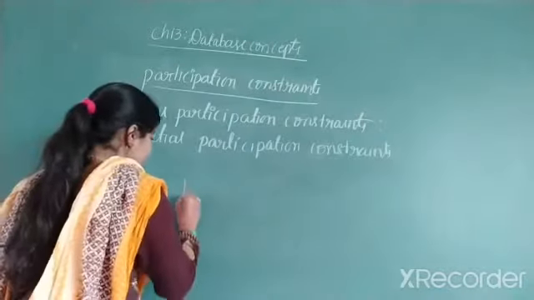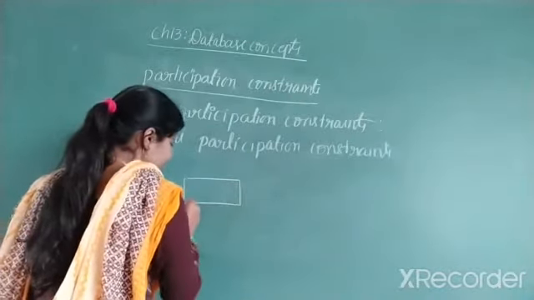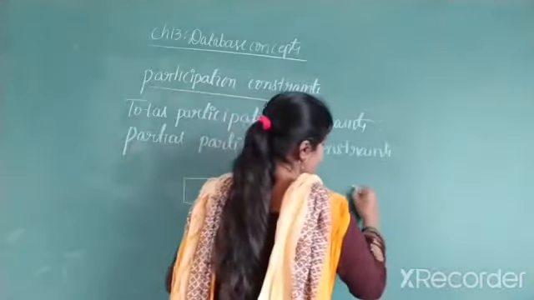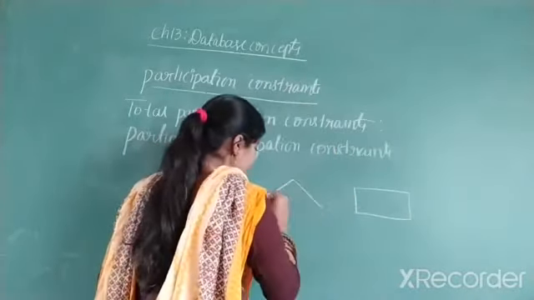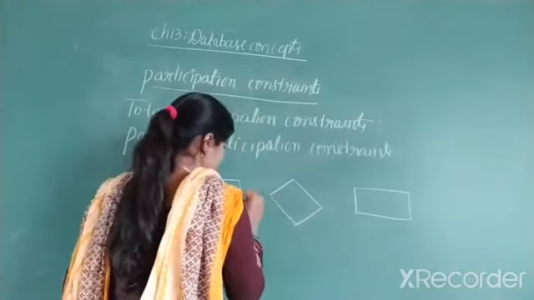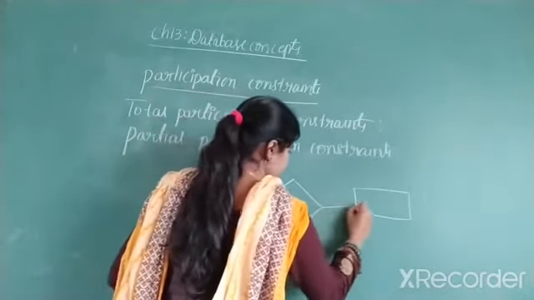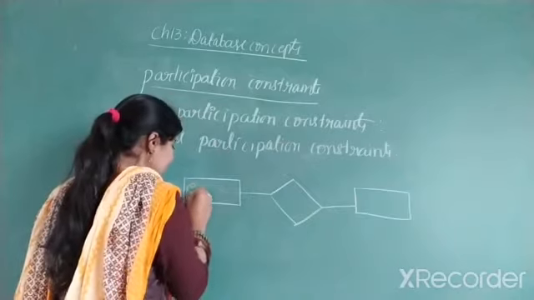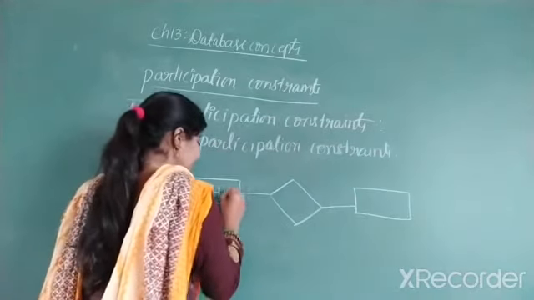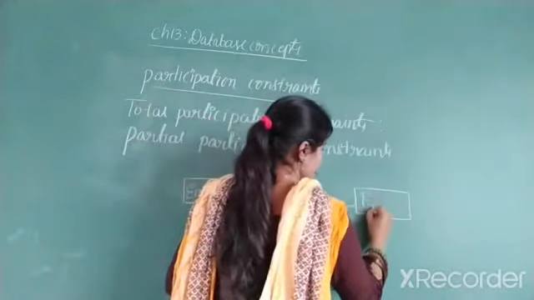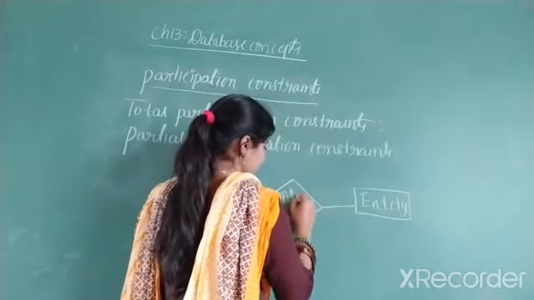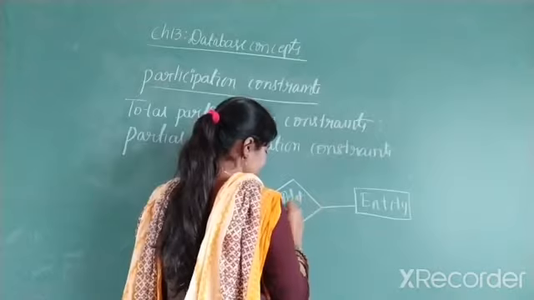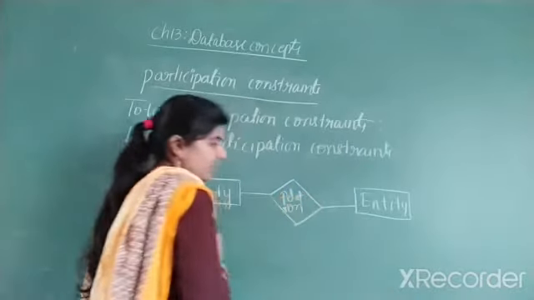When you consider the diagrammatic representation of this, we know that in order to establish a relationship, we require a minimum of two entities, and the relationship is established between these two. This is entity 1 and this is entity 2, and the relation is written inside the diamond box.